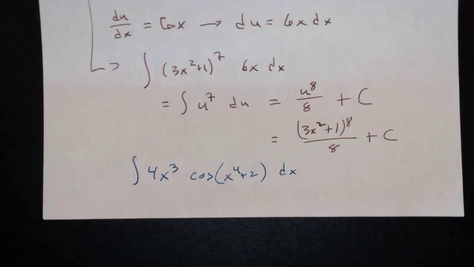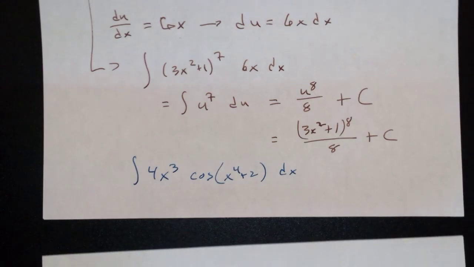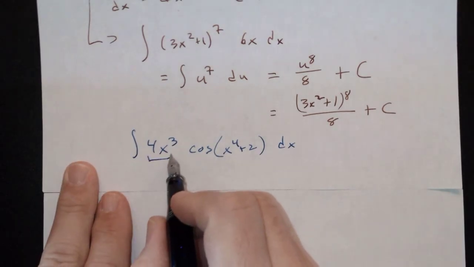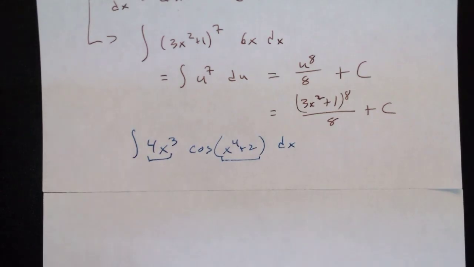Now, what's important is that I am looking for an outside and an inside that are related, like our U and our DU pieces hopefully are. Do you see such a thing here? Okay. I see cosine of stuff, and then I see exactly the derivative of that stuff on the outside. Those are my related pieces.